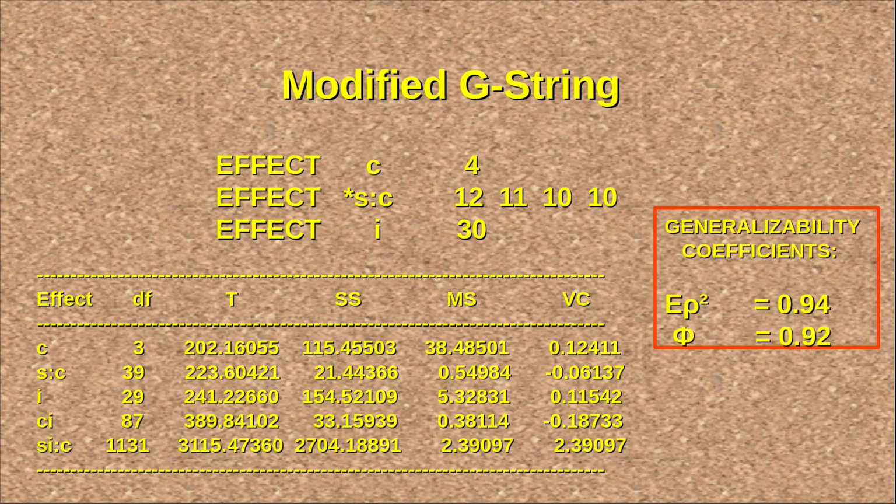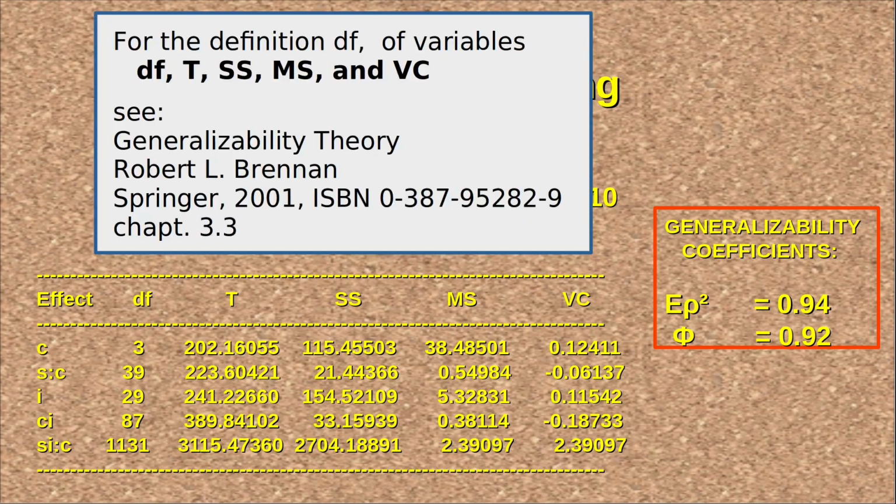Now the generalization coefficient indicates that 94% of the summary score variance is accounted for by the class level variance, and this is exceptionally good. You can find the definitions of the terms PF, T, SS, MS, and VC in Brennan's Generalizability Bible.